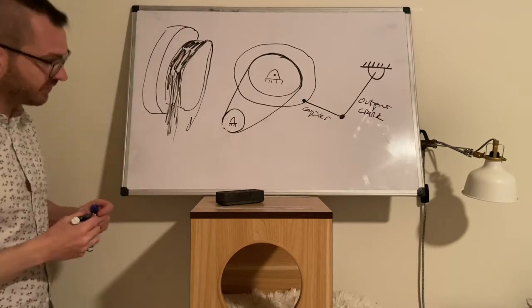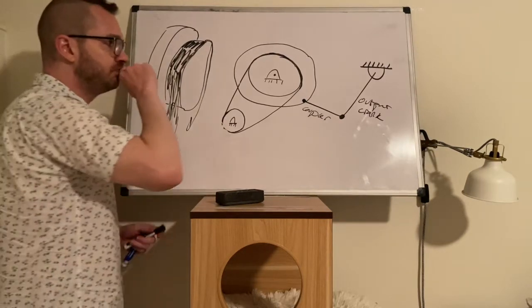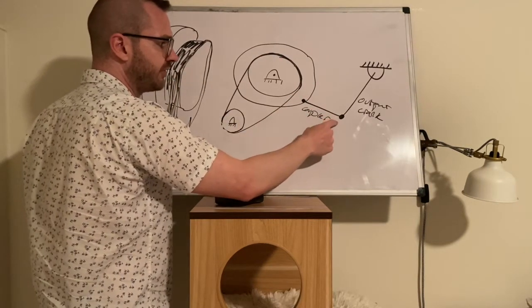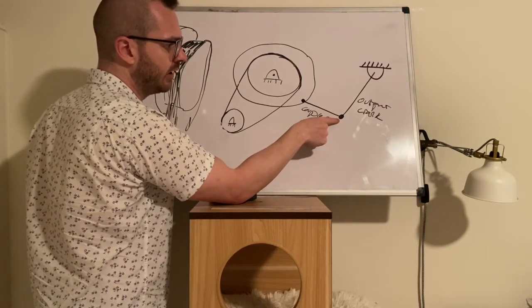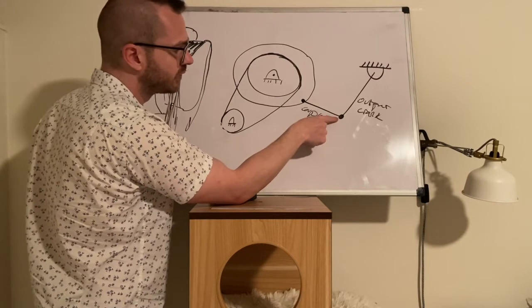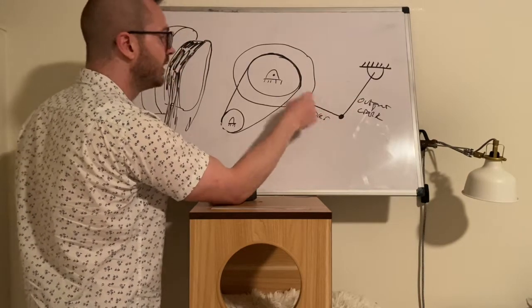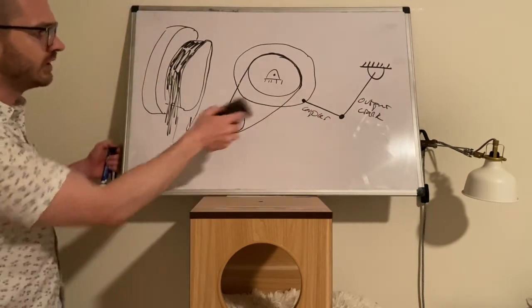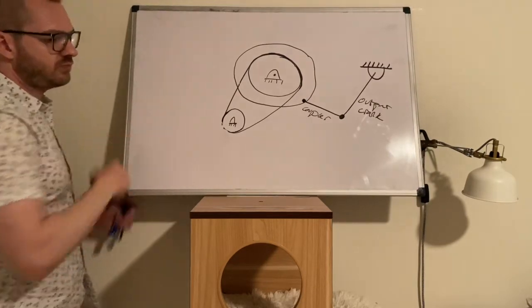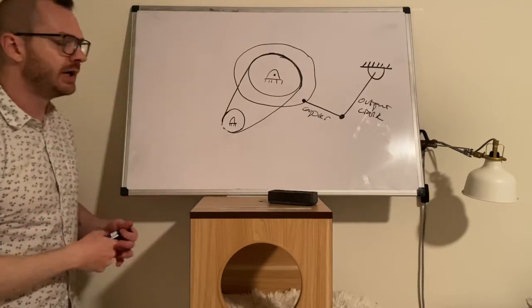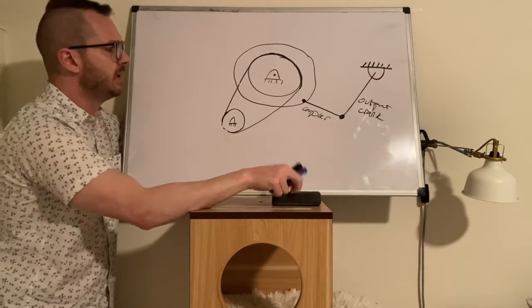So the purpose of this mechanism is to generate some motion in the coupler and the output crank. It could be that maybe there's a tool at this joint, and we're attempting to control the position of this tool. There's all kinds of reasons we could string this thing together.